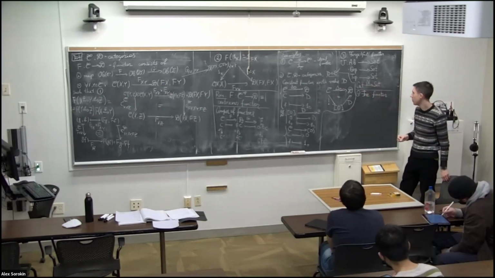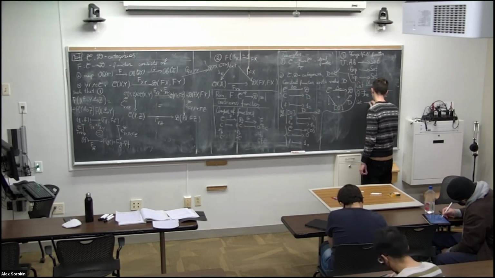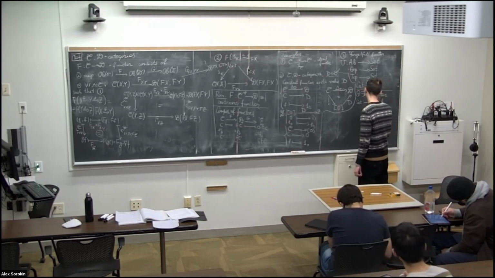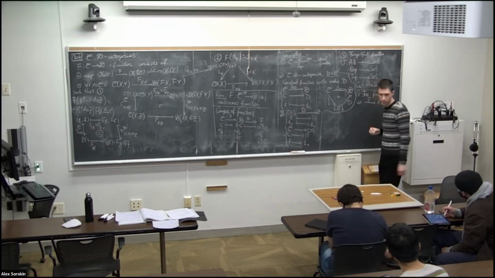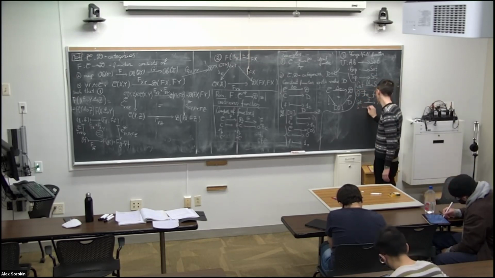Called the free functor, from Set to, let's call it script F, since it wasn't used. So it takes a set S to what?